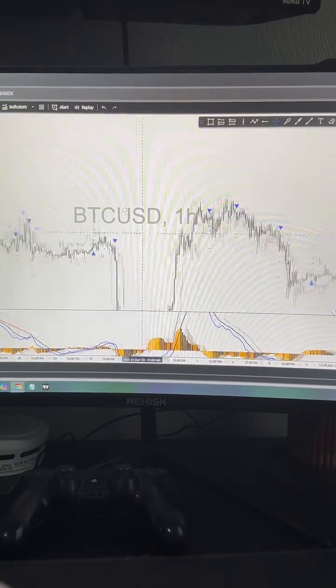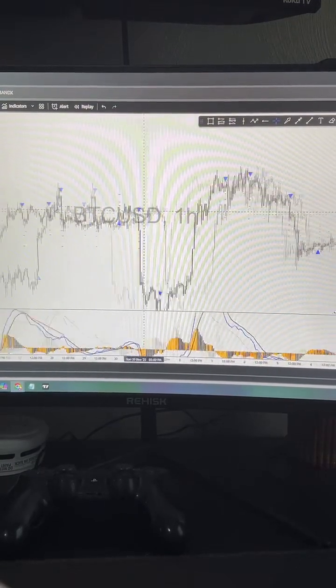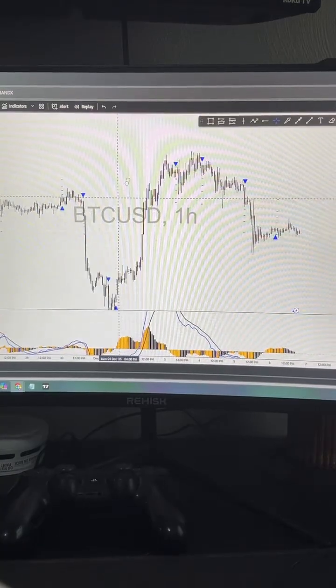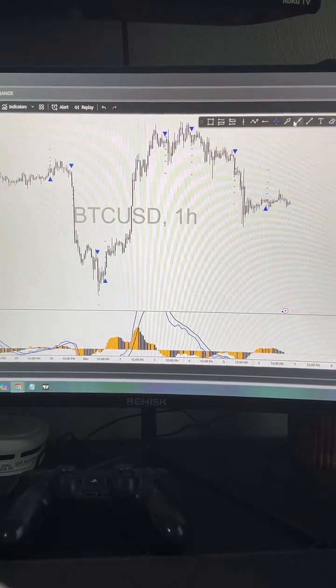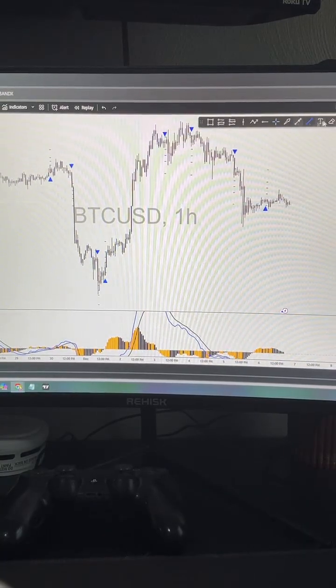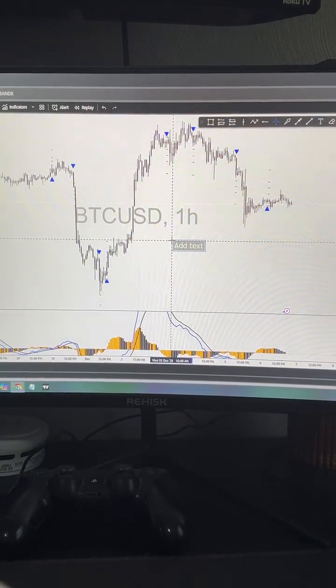So my top-down analysis is basically, there are 3 ways that you can trade. I'm going to type it just so people can see it. You can trade off trend.